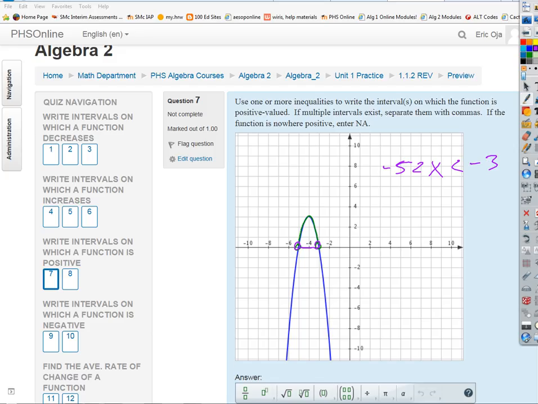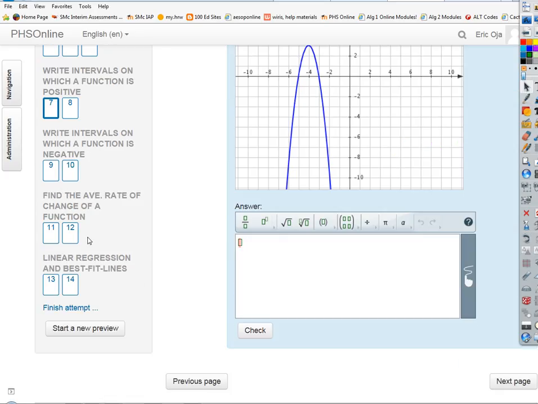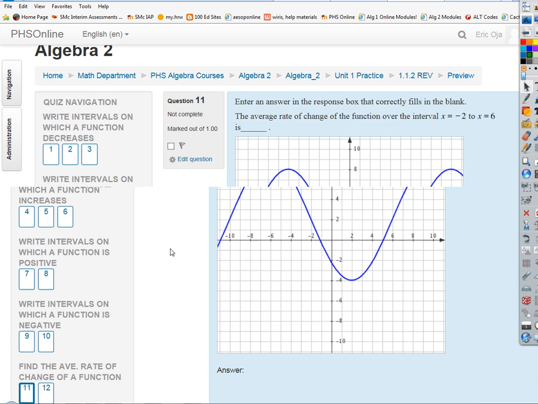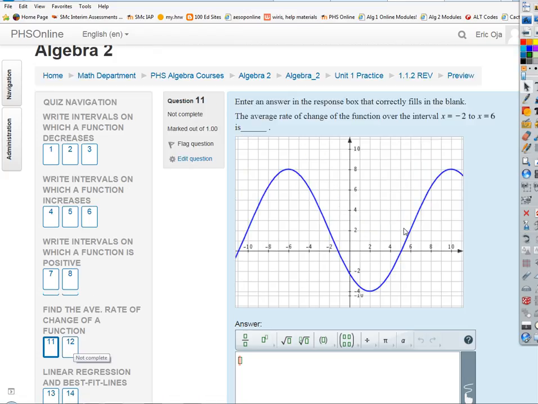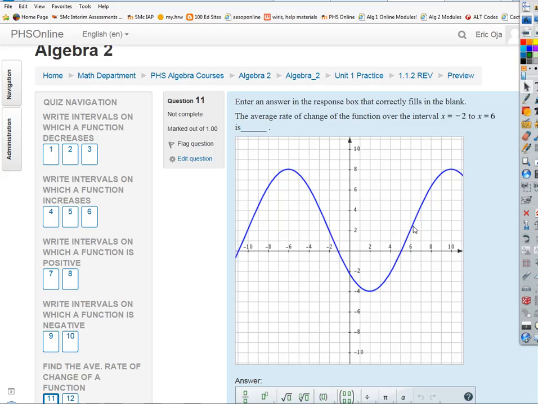All right. What about an average rate of change? Okay, let's do that one. We want to know the average rate of change of the function over the interval from x equals -2 to x equals +6.